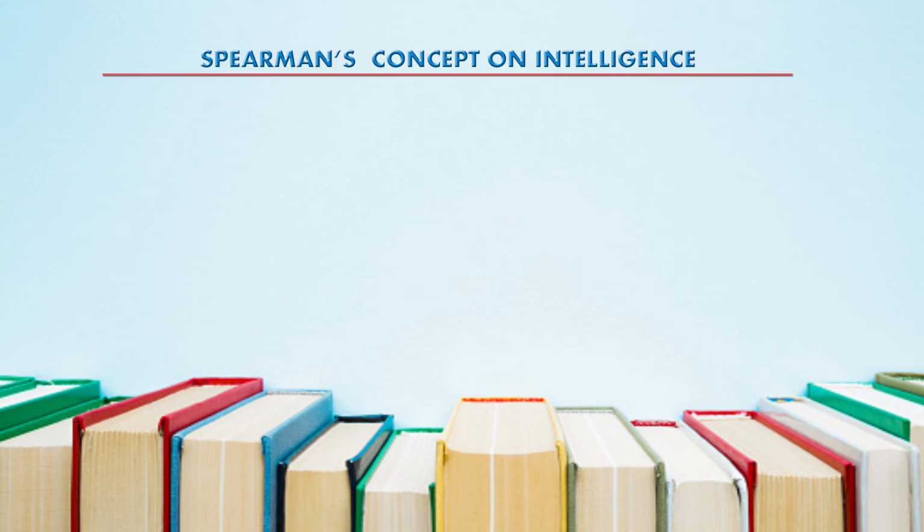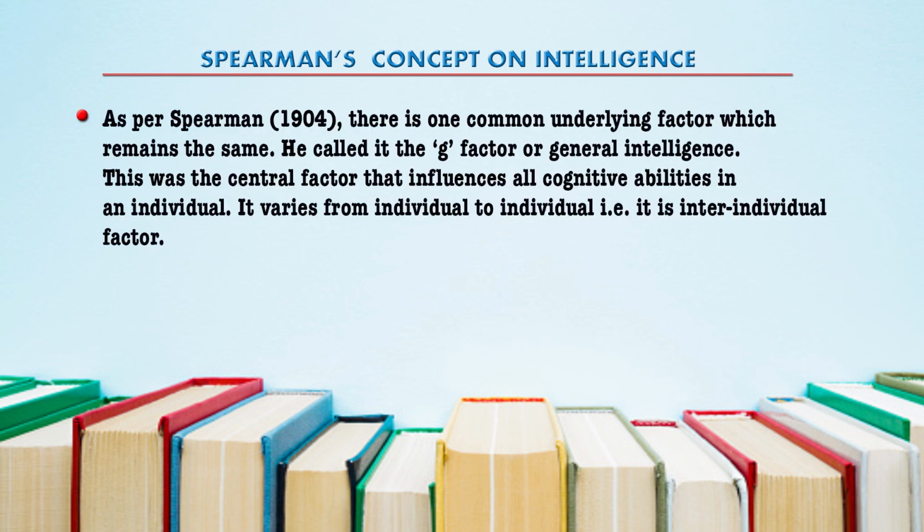Further, if I explain Spearman's concept of intelligence, as per Spearman in 1904, there is one common underlying factor which remains the same. So, what is the common underlying factor in intelligence? He called it the G factor, the general factor. Try to understand what the general factor is. This was the central factor that influences all cognitive abilities in an individual.